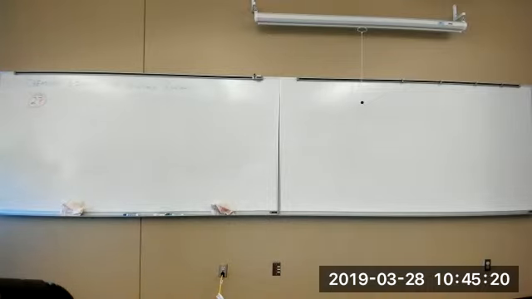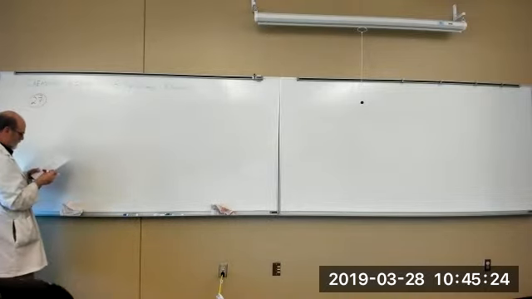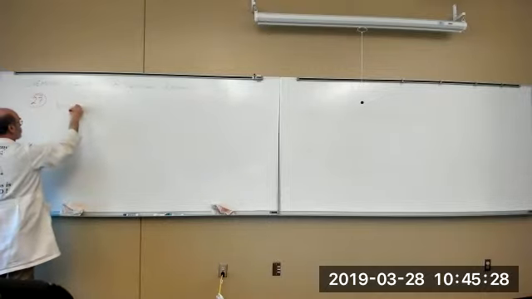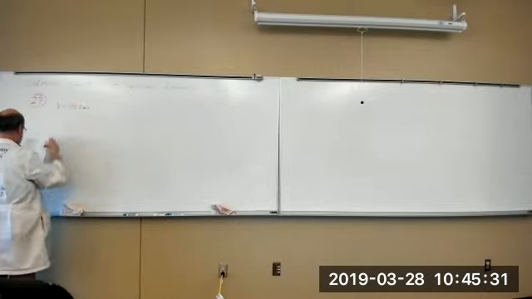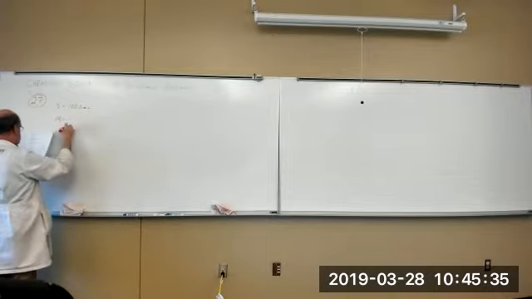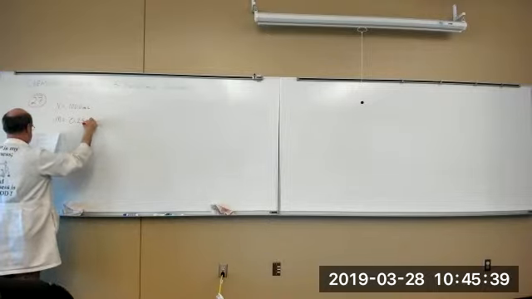So, what do you give? 100 milliliters of 0.25 molar sodium chloride. The volume is 100 milliliters. The concentration is 0.25 molar.